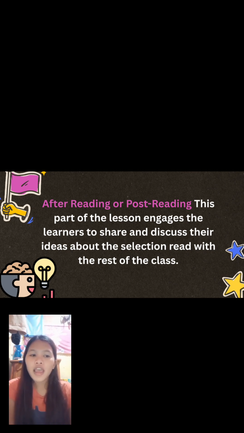It promotes critical thinking, collaborative learning, and personal engagement. It encourages learners to share interpretations, reactions, and connections during your class. And also, it facilitates group or class discussion to deepen understanding.